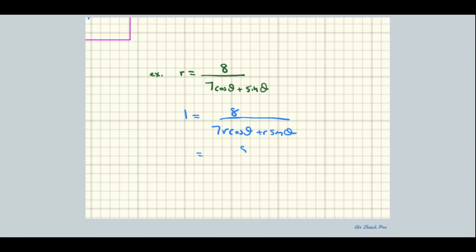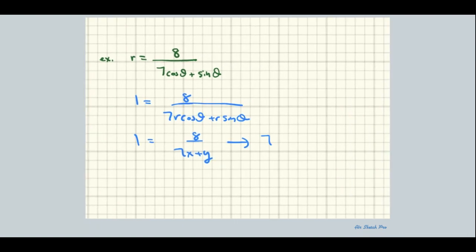And so this is now 1 equals (7x plus y) over 8. And that gives me 7x plus y equals 8. All right? And that's a line. This is what a line looks like in polar coordinates. This is the general form of a line here, 7x plus y equals 8.